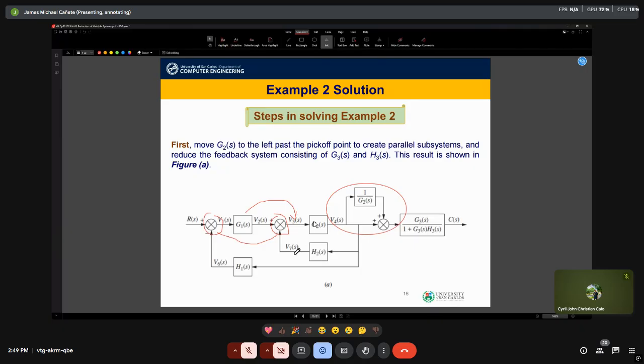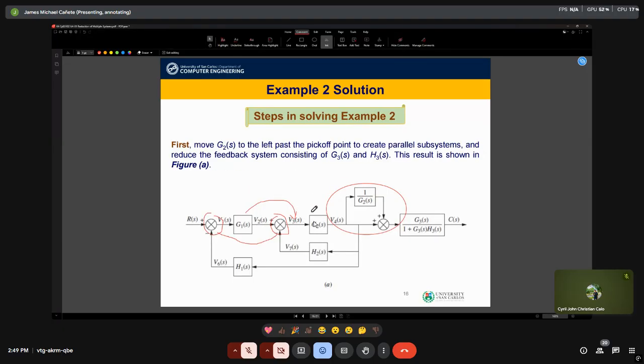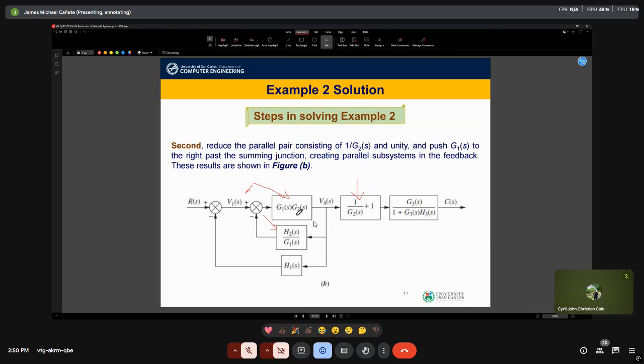And at the same time, kung na-move na cascade naman siya with G2, G1 will then be in cascade with G2, 1 over G1 will also be in cascade with H2. So gi-combine na niya mga cascade na blocks all at once. So two operations, three simplifications, if you take the cascade simplification as independent operations.